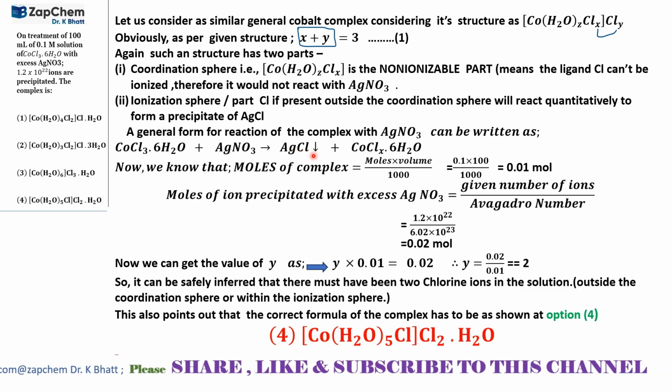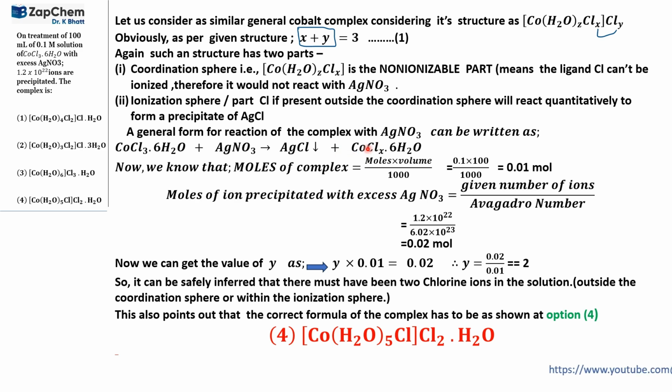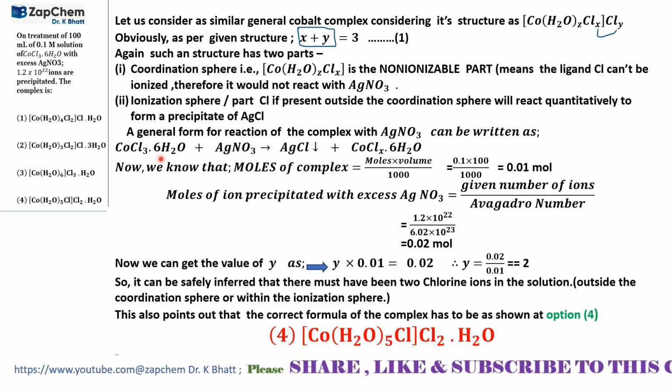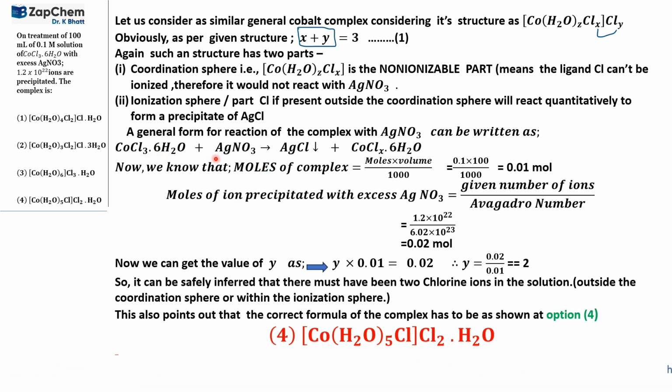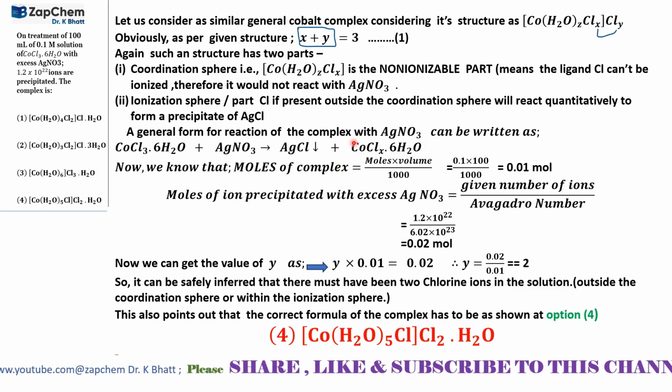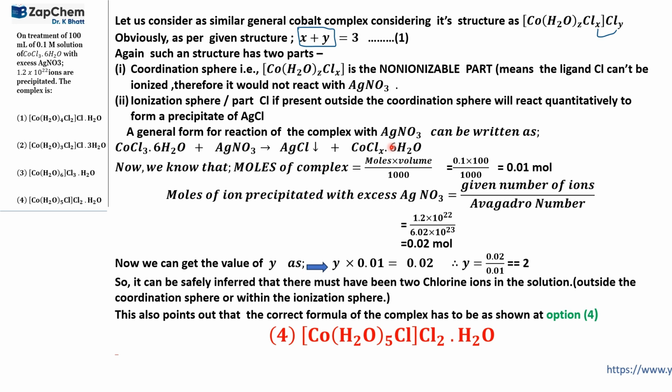And the remaining part will be left over in the complex. So suppose this is the reaction: CoCl3.6H2O will react with silver nitrate, will form AgCl, and certain portions of the chloride will be left over within the coordination sphere.